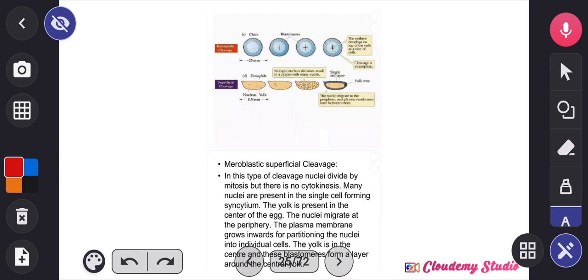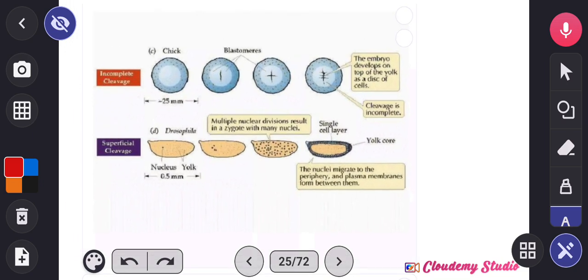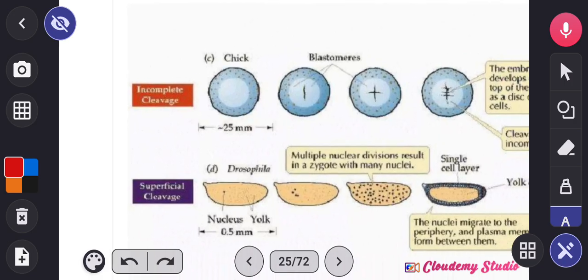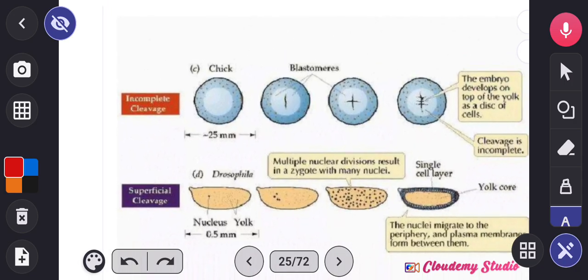And I would love to show you. I think I have this. Look at this. This is what I'm trying to say. If you look at this very well, this is an incomplete cleavage. The cleavage furrows do not pass through the cytoplasm of the egg itself. It is concentrated at the center.